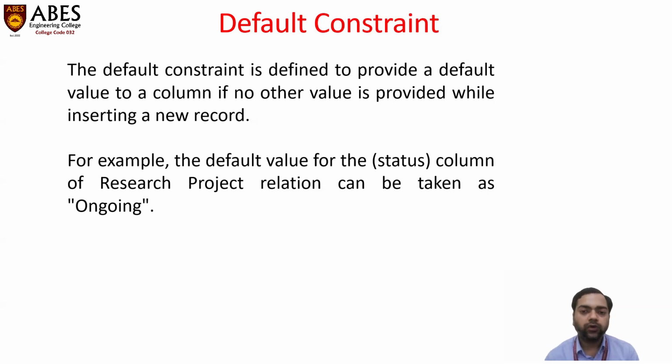This is the case of a default constraint. Another example: the default value for the status column of a research project relation can be taken as ongoing. If we do not know the status of the research project, then by default, when we insert a record, it will be taken as ongoing, right? So these are the kind of default constraints.